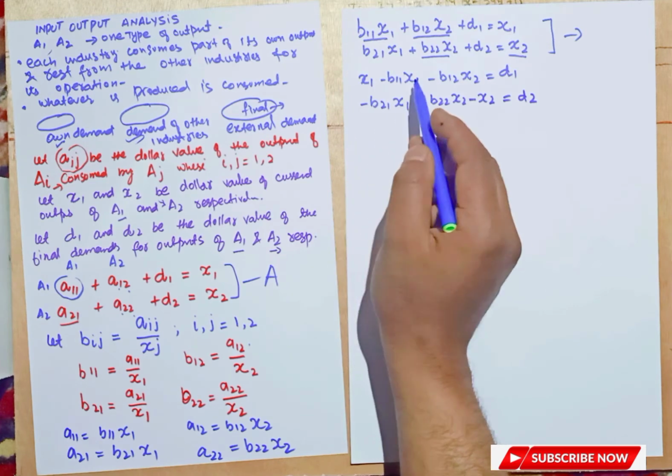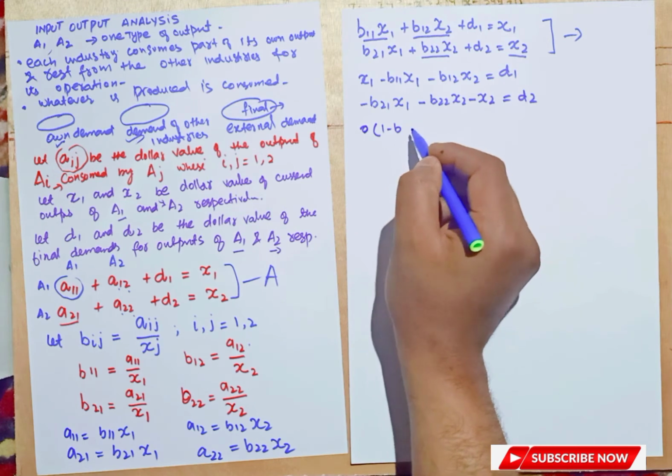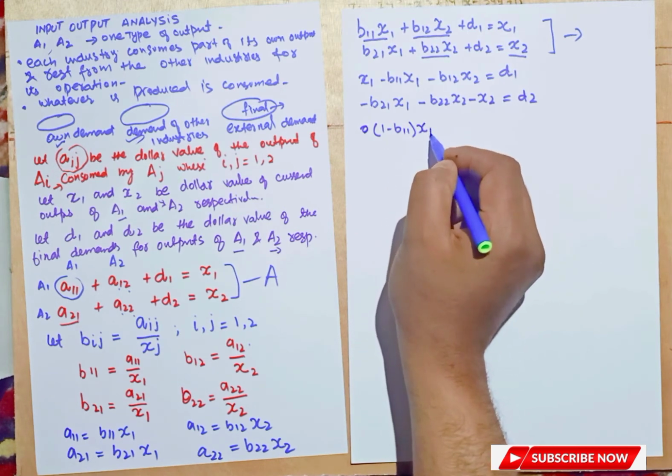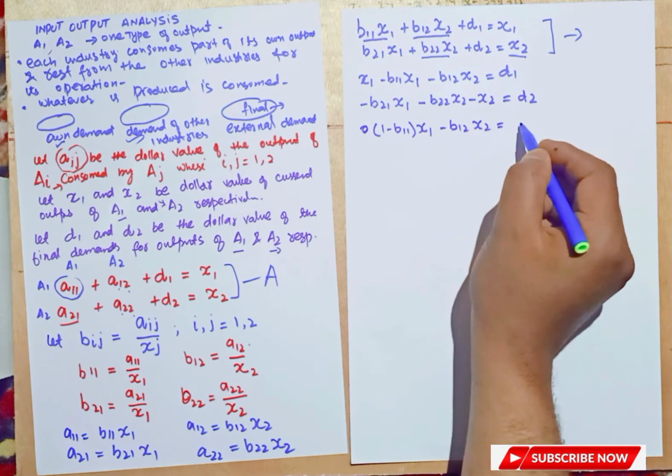We take this X1 out, so I will write here (1 minus B11) X1 minus B12 X2 is equal to D1.